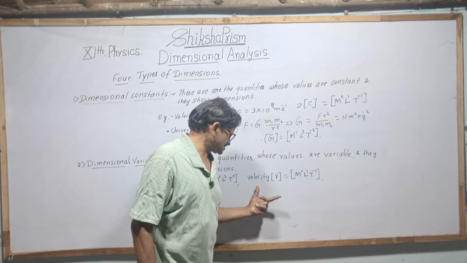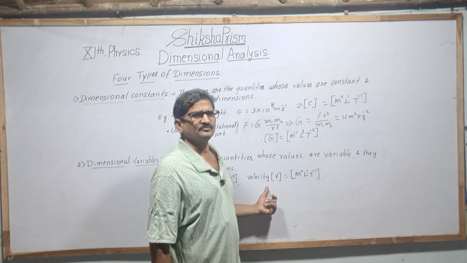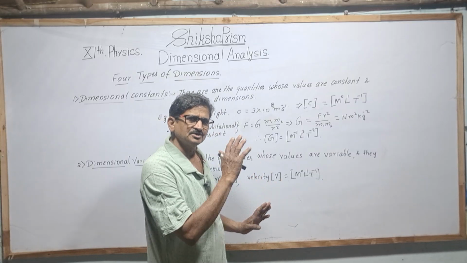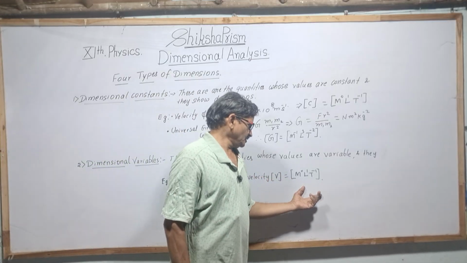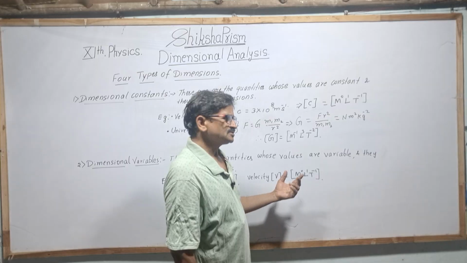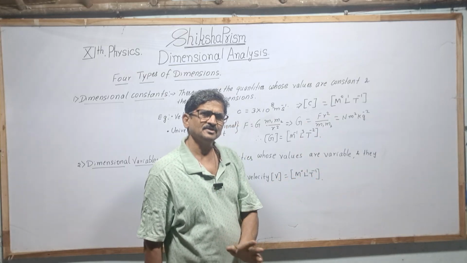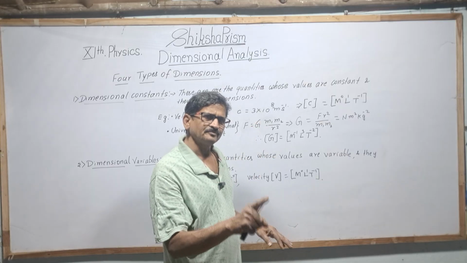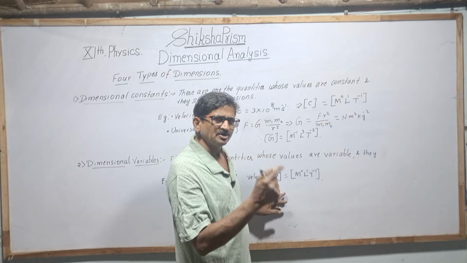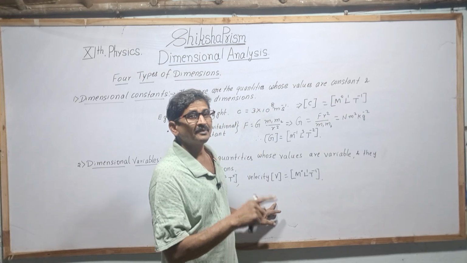Okay, next one more is velocity. Velocity is also a derived quantity. Velocity is displacement by time, speed is distance by time. Distance means length is there, and by time means denominator time is there, once. Mass is not there.